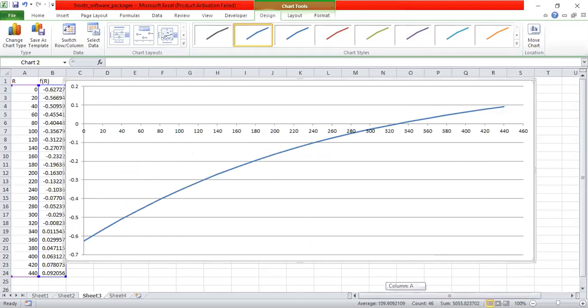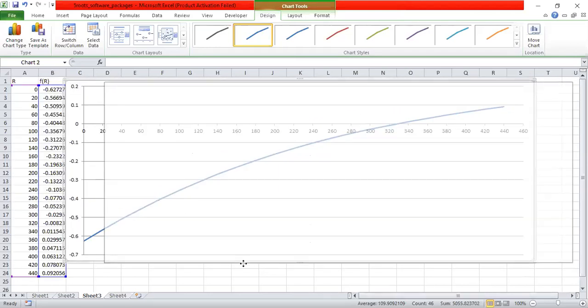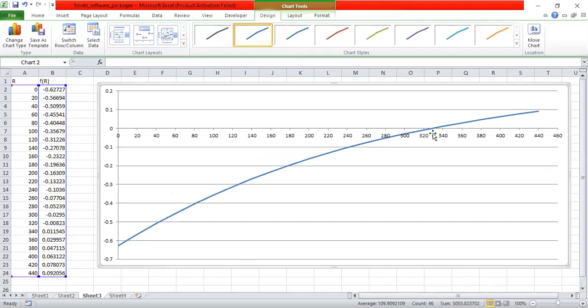Remember that the root of the equation is where the curve touches the x-axis. It touched the x-axis around this point, but we are not sure of the point exactly. But from what we know, the root should be between 320 and 340, because it's between 320 and 340 that it crossed the x-axis.